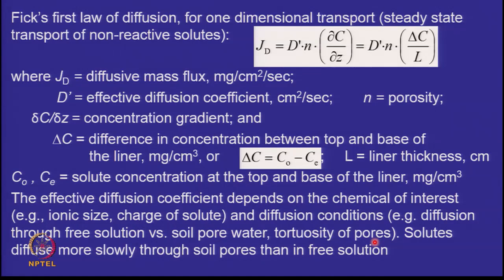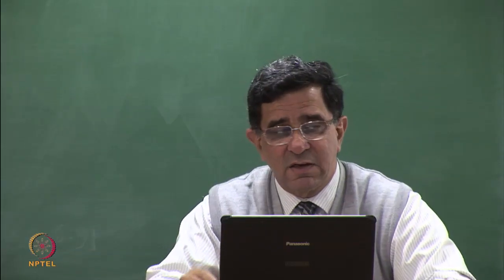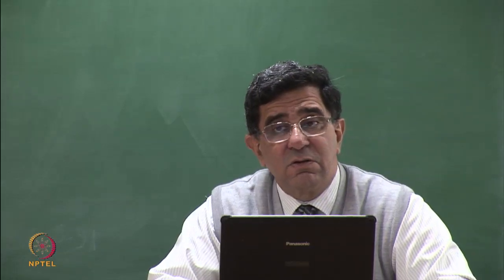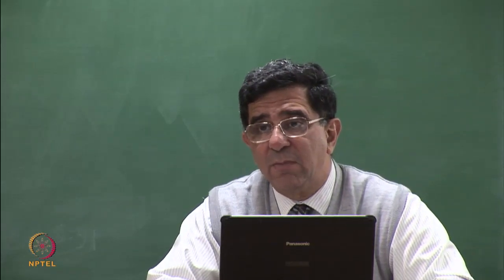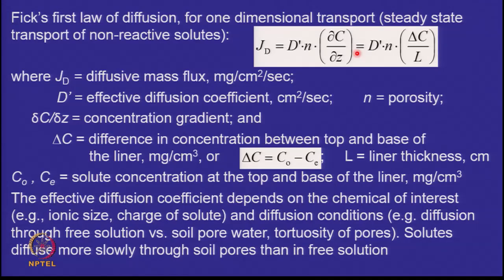That is why you find that the diffusion coefficient for a GCL is lower, because the tortuosity of the pores is larger. So in one case it is 6 into 10 to the power of minus 10, in the other case it is 2 into 10 to the power of minus 10. So just apply this, give me the values of the diffusive flux and compare the two.